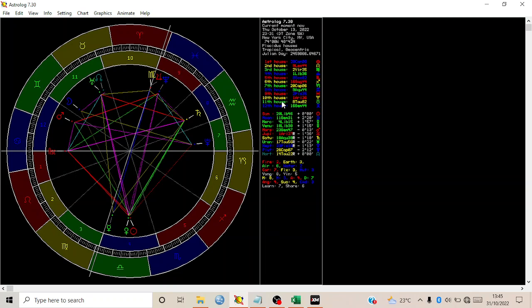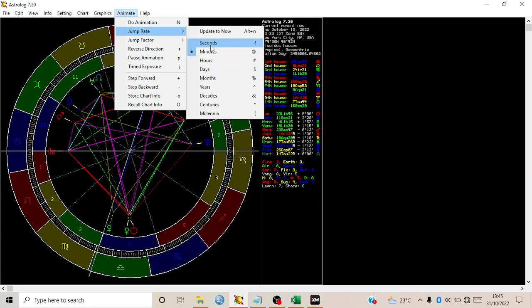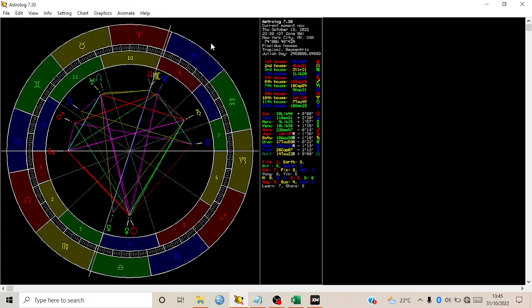Okay, so we're in Aries here, and Jupiter is in Aries. Okay, this is almost. So I'm going to move it by some seconds. Okay, so now we have the 10th house and Jupiter on the exact same location, right?